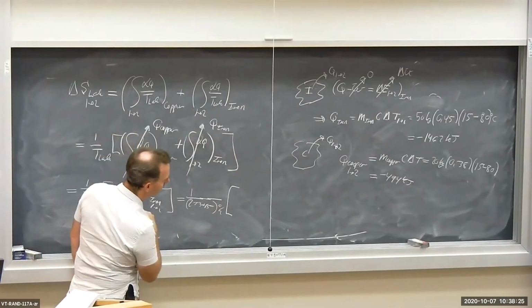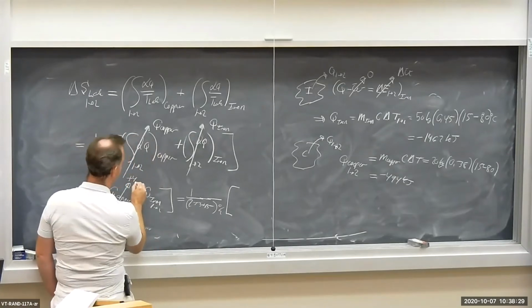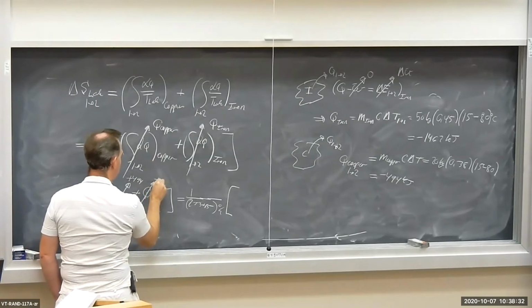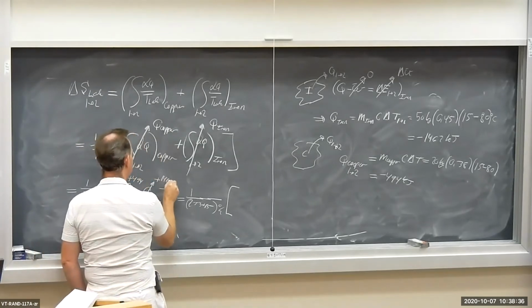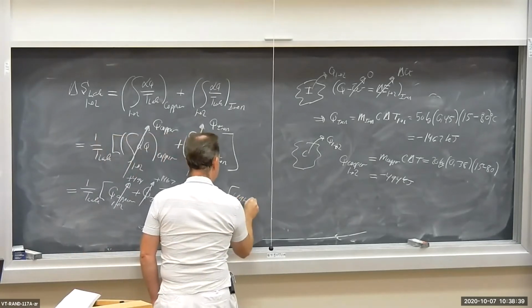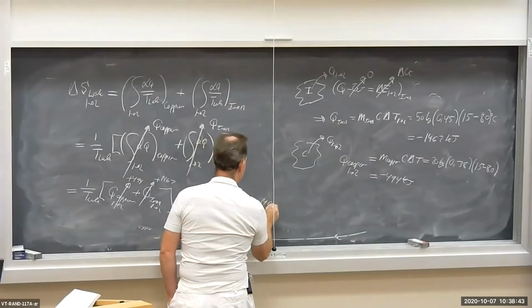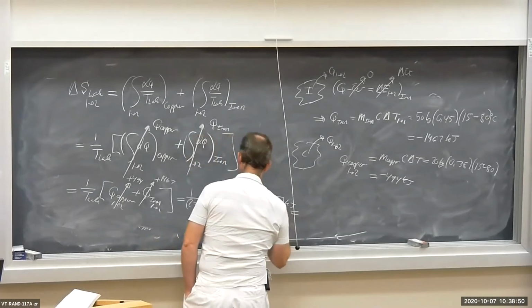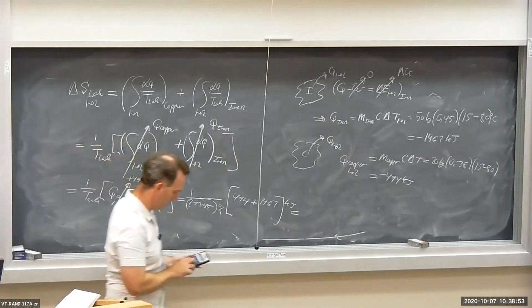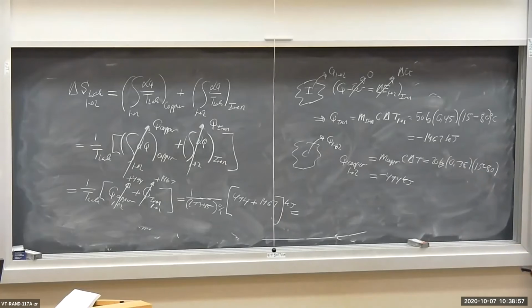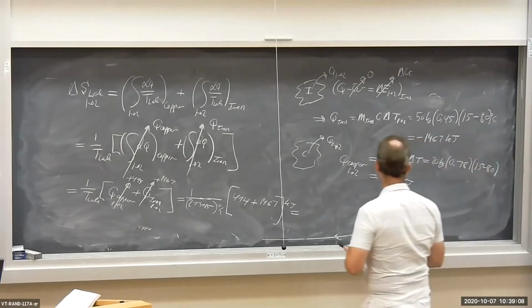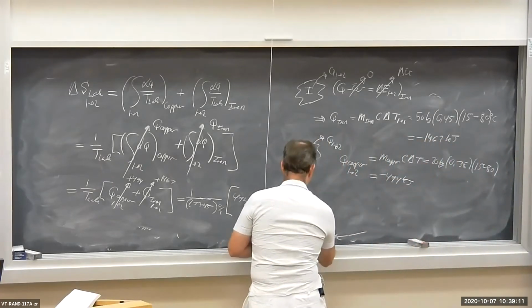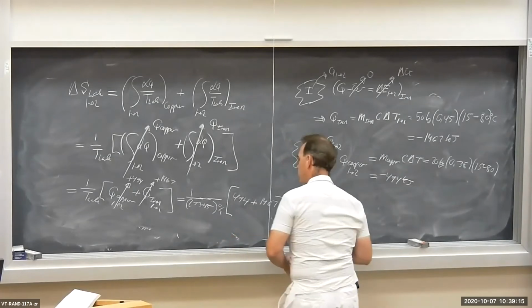So this is going to be plus 494, and this is going to be plus 1467. Okay? So 494 plus 1467, and that all has units of kilojoules. We're going to get kilojoule per degree Kelvin here. Let's see here. 494 plus 1467 divided by 288. 6.8. 6.81 kilojoule per degree Kelvin.